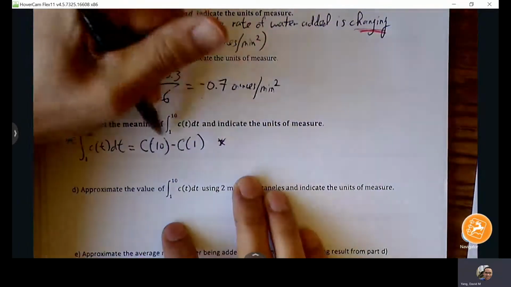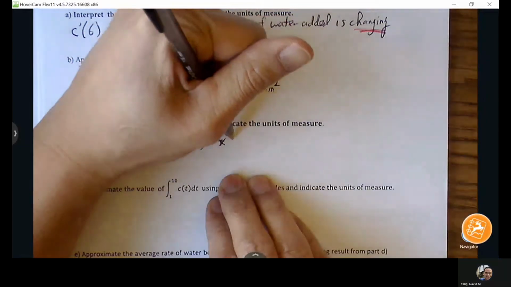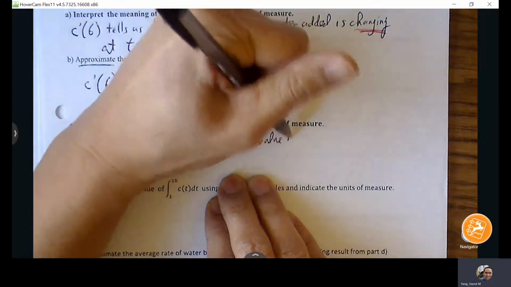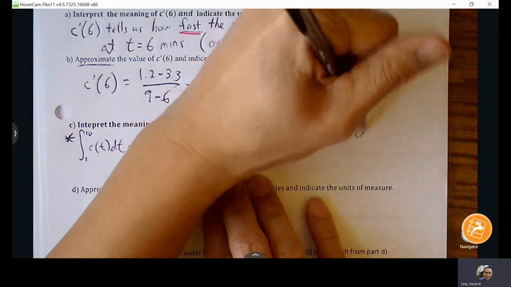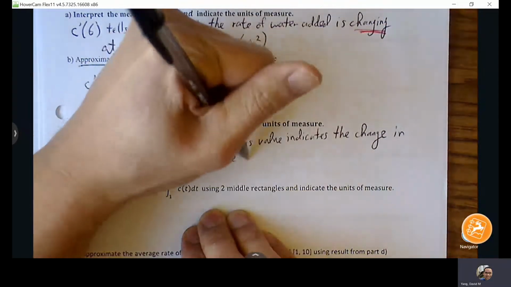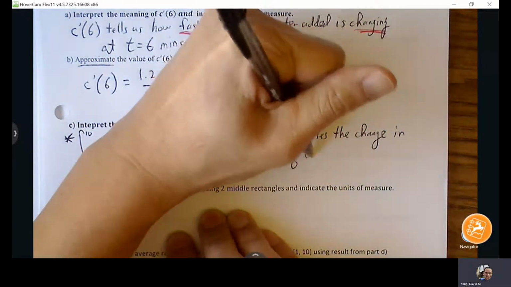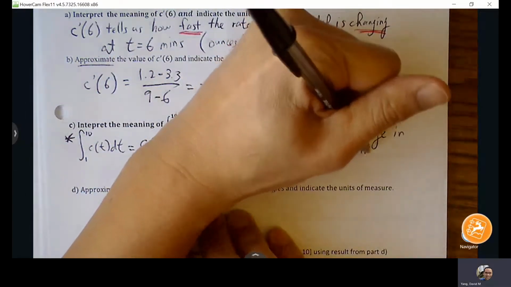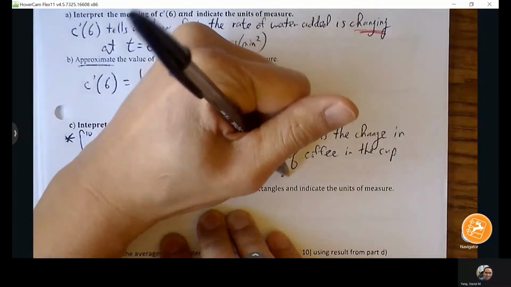So the meaning is that this value indicates the change in the amount of coffee in the cup between the 1st and 10th minute.